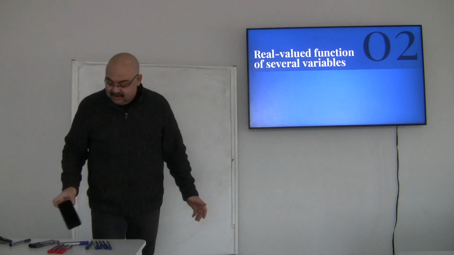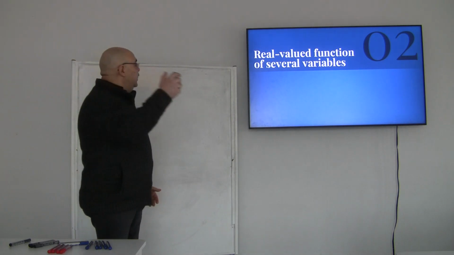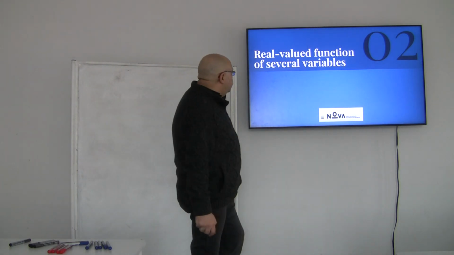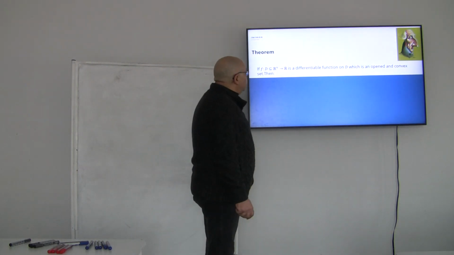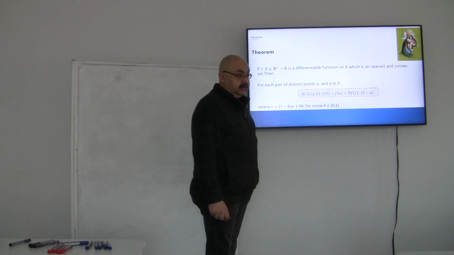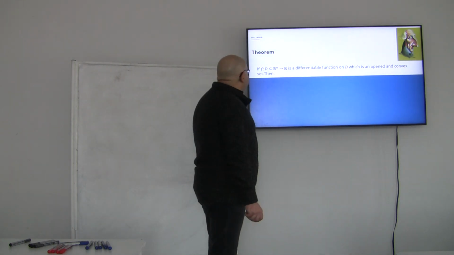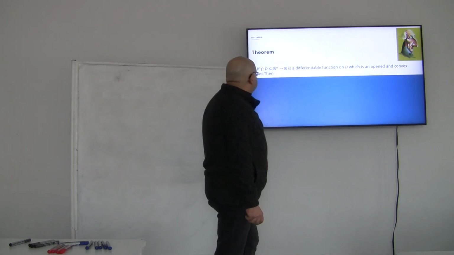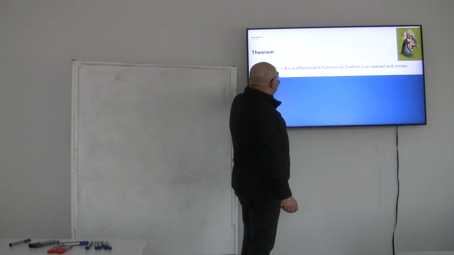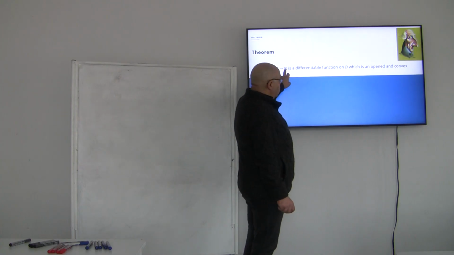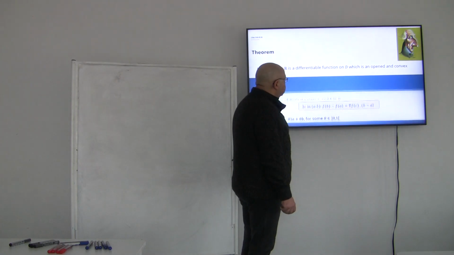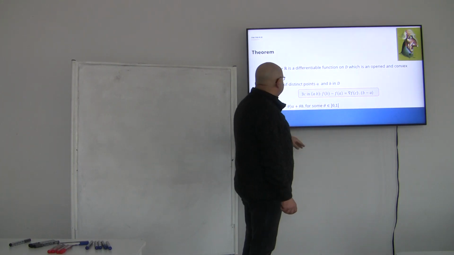That's it. Okay? Let's see the case once we start to talk about functions of several variables. Now I have f such that D is a subset of Rn, mapping into R, which is a differentiable function on D, and it's an open and convex domain for this function.